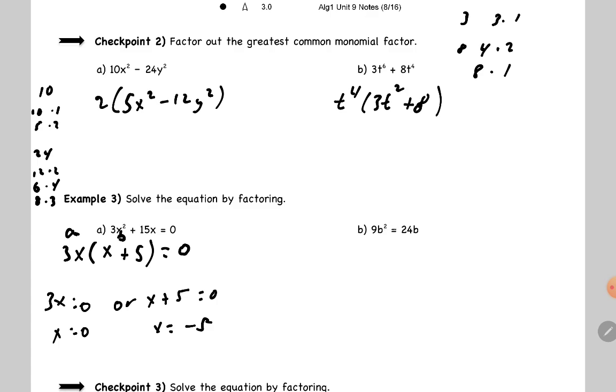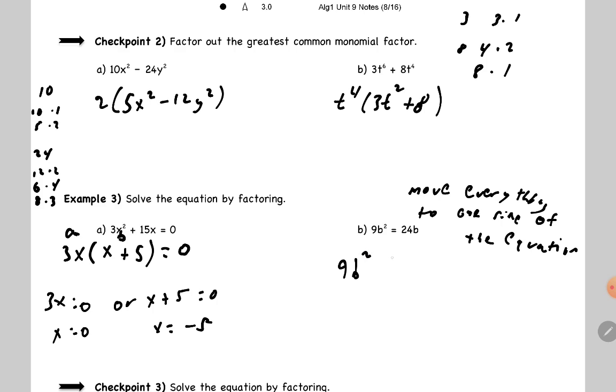Okay, 9b squared equals 24b. So what you want to do is move everything to one side of the equation. 9b squared.